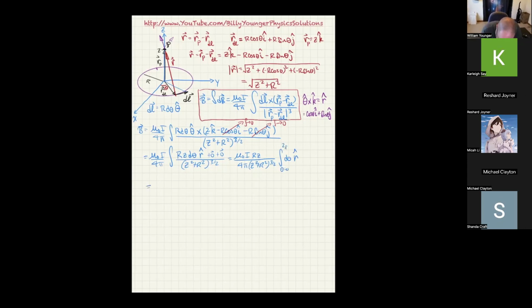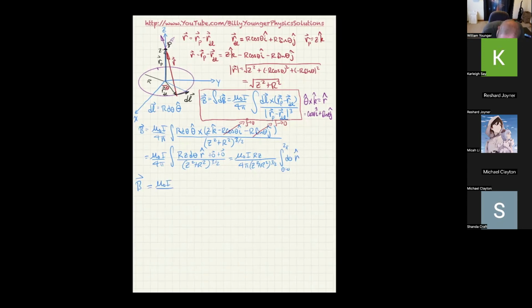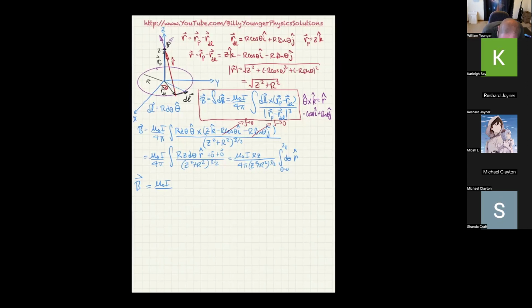So ultimately, this gives me B is equal to mu 0 I times the integral of d theta. When I integrate that from 0 to 2 pi, that's just going to give me 2 pi.